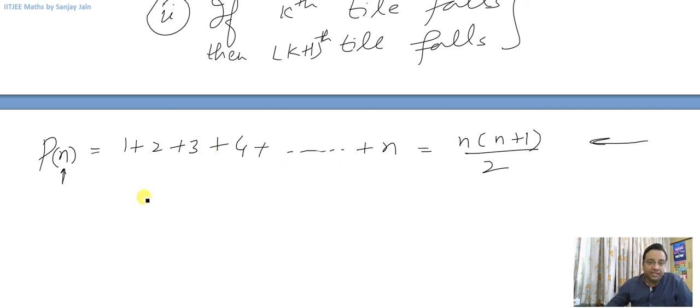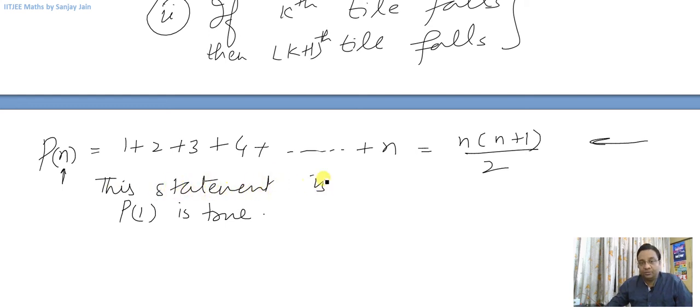Now there is this mathematical statement. If I can say P1 is true, that is, this mathematical statement is true for n equal to 1, this is one of the things that I will observe.